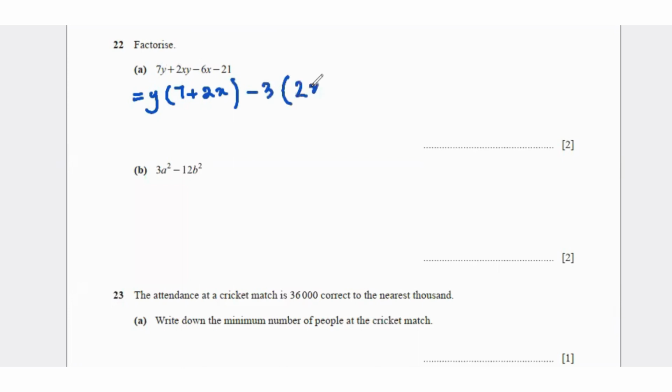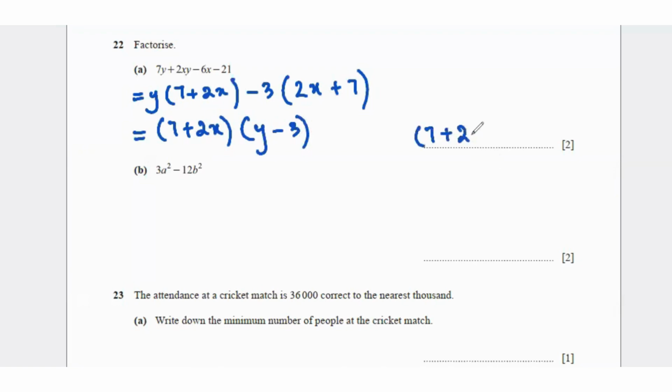So again, (2x plus 7). We take 7 plus 2x common because 2x plus 7 and 7 plus 2x are basically the same thing. If they were being subtracted, then it would be different, but since they're being added, it doesn't matter which one is written first. (7 plus 2x) times (y minus 3) is your answer.